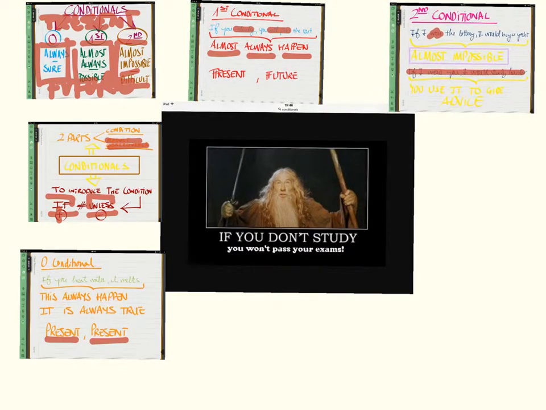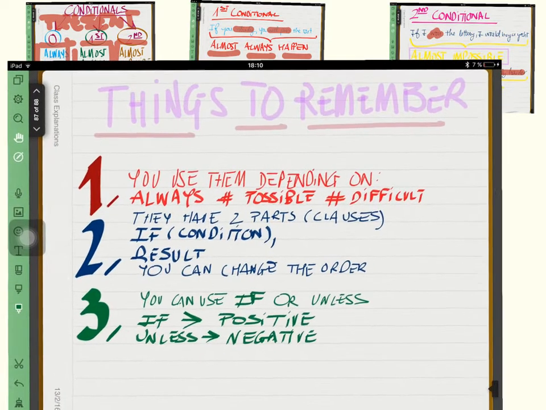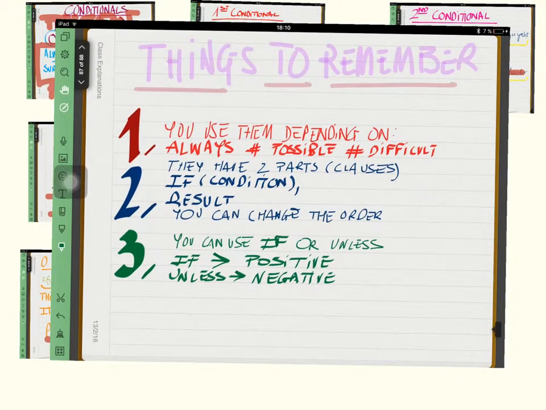And finally, I'm going to show you another slide where we have some tips of things to remember. So first thing you have to remember is that you use them depending on always, possible, or difficult, okay?